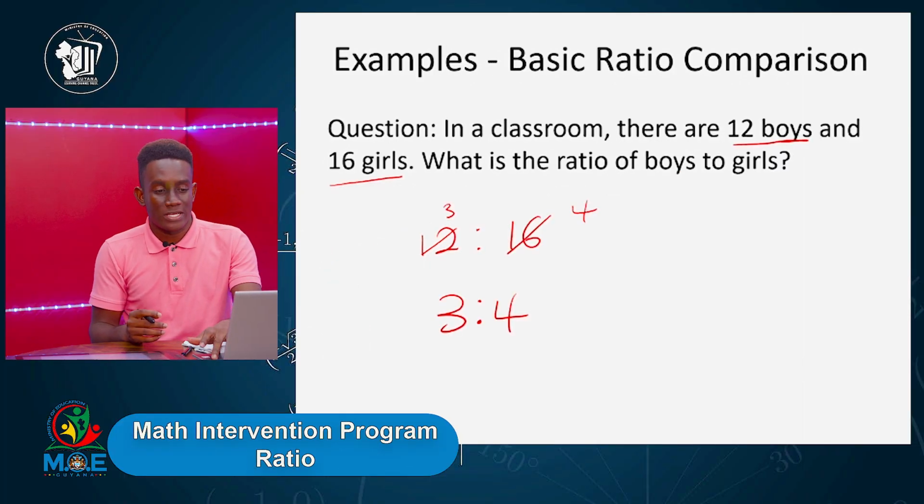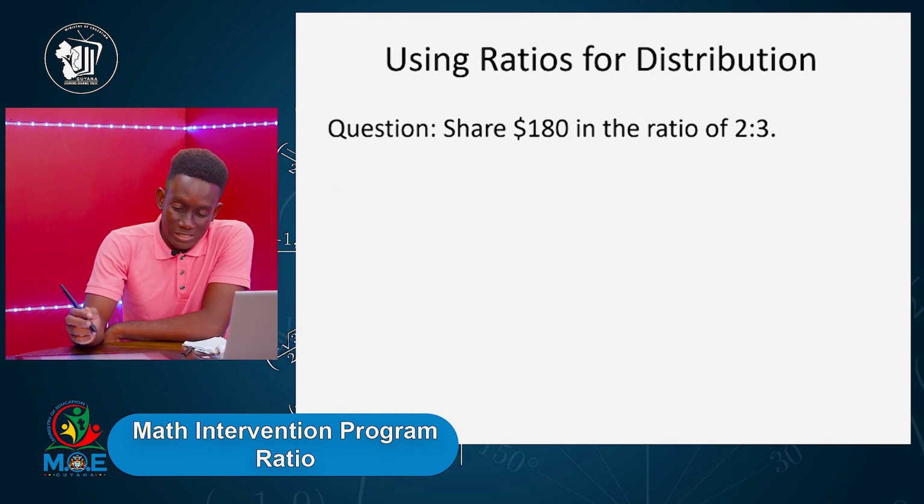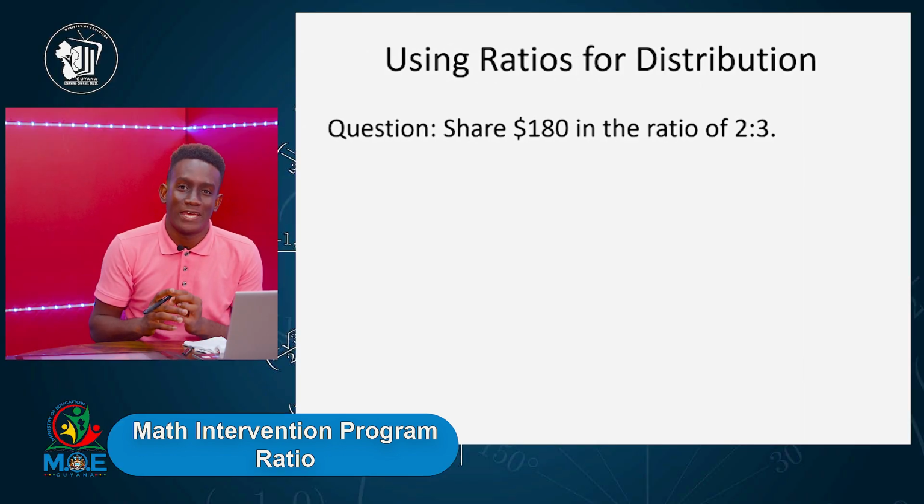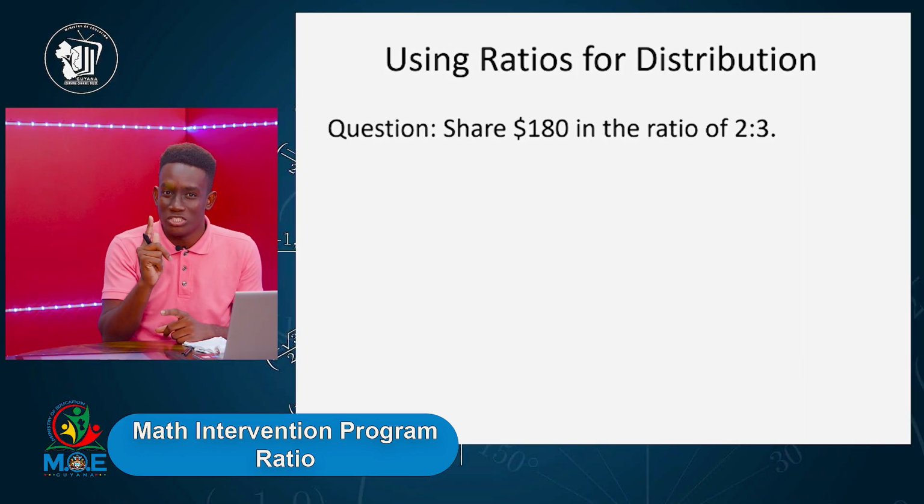And let's move on to another example. The question says, share $180 in the ratio 2 to 3. When we want to share among certain quantities in a ratio, the important thing for us to do is to find the value of one share.